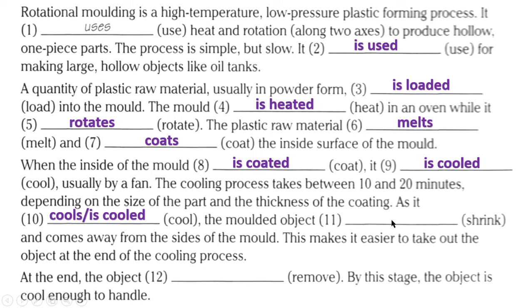The molded object shrinks and comes away from the sides of the mold. This makes it easier to take out the object at the end of the cooling process. At the end, the object is removed. By this stage, the object is cool enough to handle.